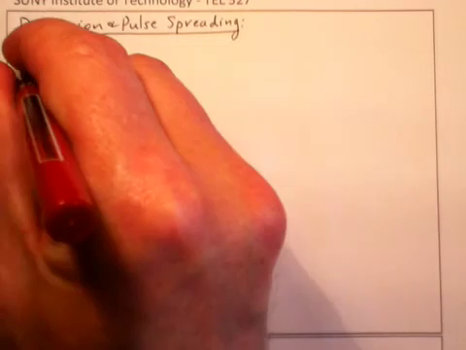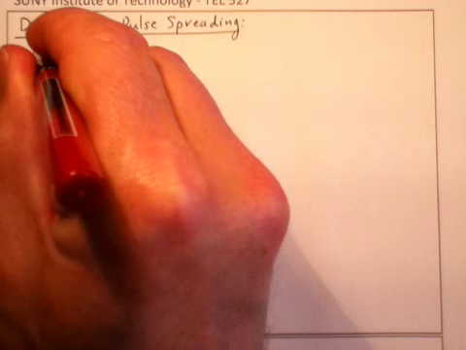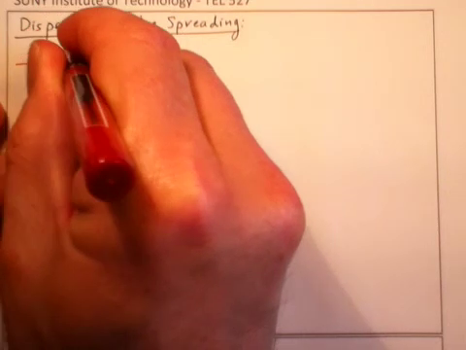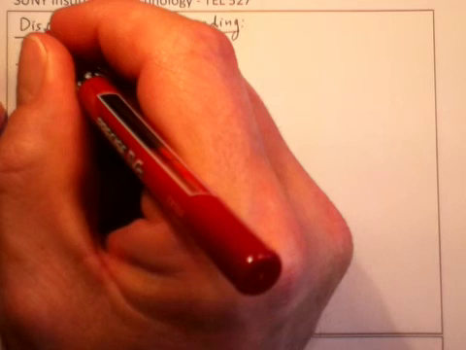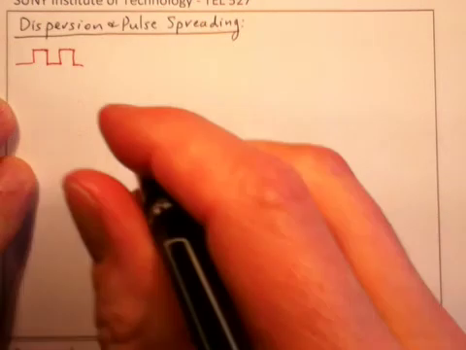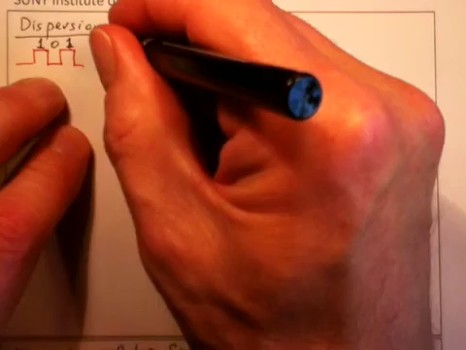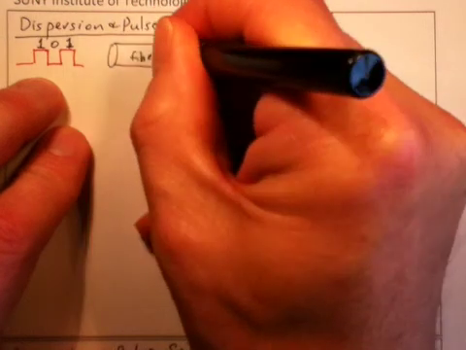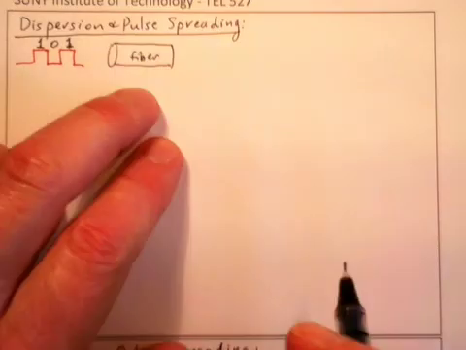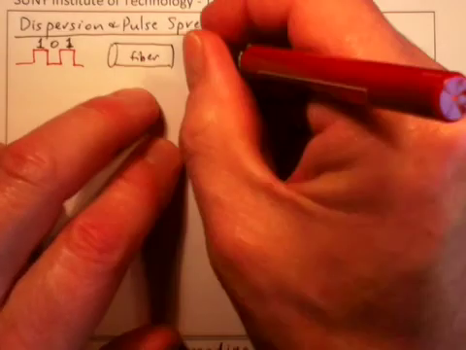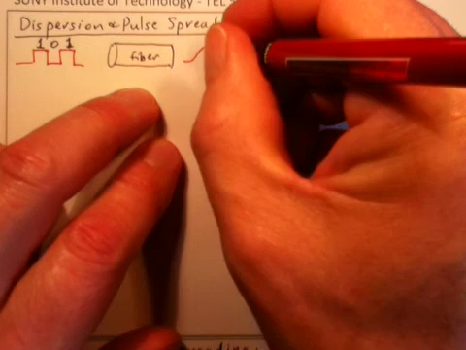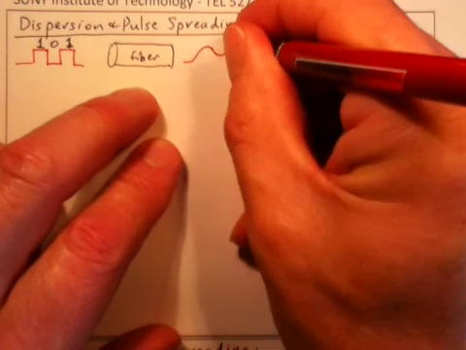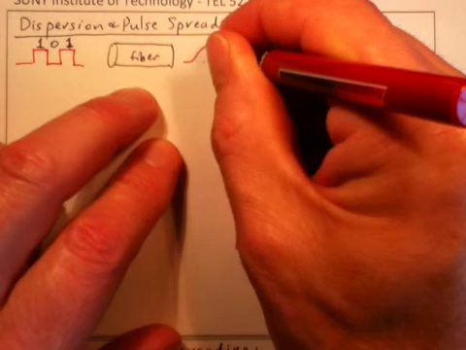So I'll start with a picture of a little chunk of square wave as an input to a fiber. Maybe this represents a 1, 0, and a 1 on an on-off keyed system. We're going to go into the fiber here, and we know that we have dispersion, and so at the output we're going to get two superimposed, spread out pulses.